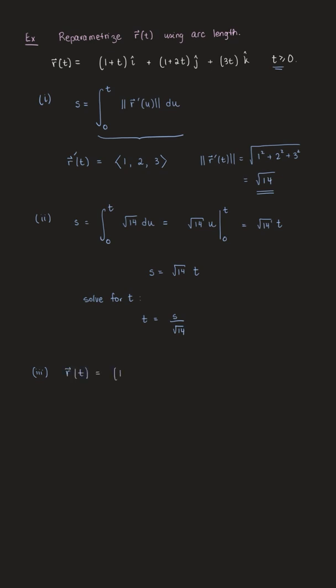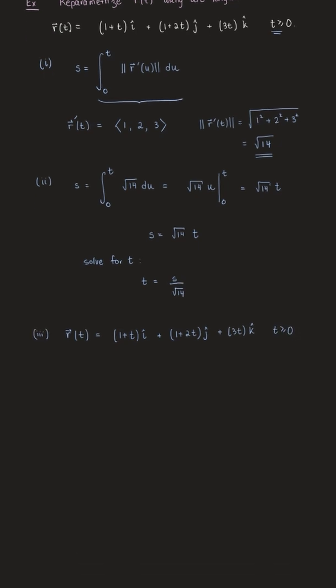That was (1 plus t) i plus (1 plus 2t) j plus 3t k, and this was for t greater than or equal to 0. Now I'm going to substitute into my vector function my parameter s. So for every t, we're going to use s over the square root of 14.